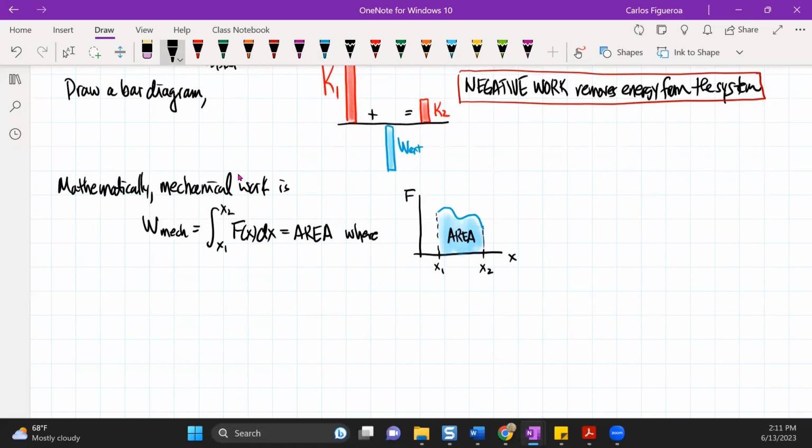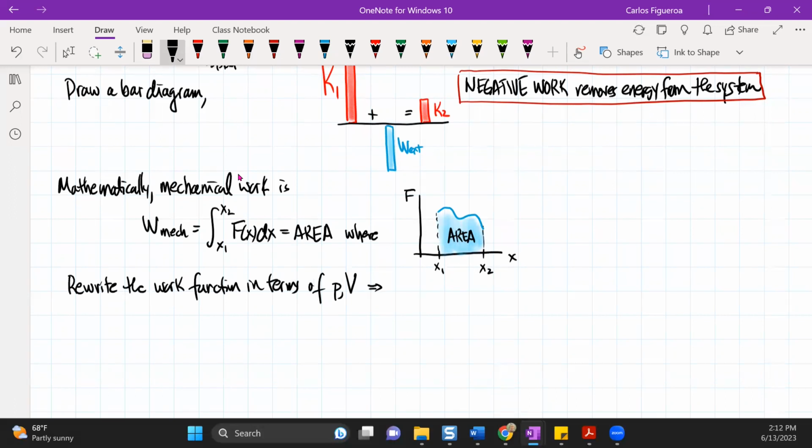But this form is not useful. So we rewrite the work function in terms of pressure and volume, because we're dealing with the piston system. We're dealing with pressures, not forces.